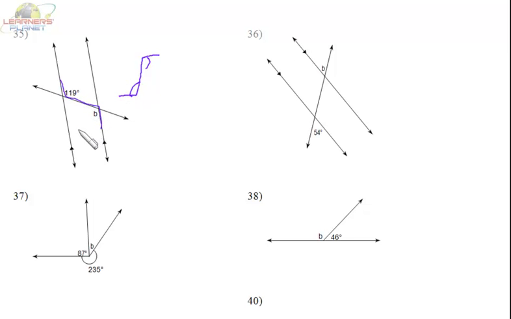So B will also be 119 degree and we can call them alternate interior angles since they are on the opposite side of transversal and they are lying inside the parallel lines. So we call them alternate interior angles.